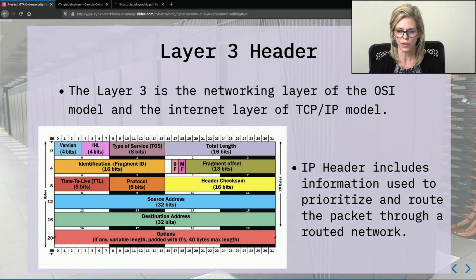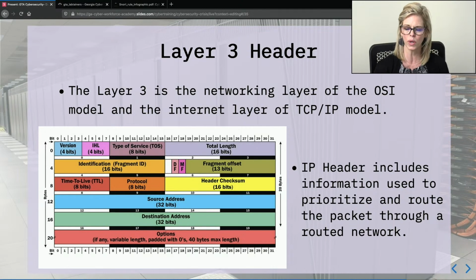Inside the layer 3 header, you may ask yourself, why is this important for me to know? This seems like way too much information. Remember, as a security analyst, your focus is to determine normal and then be able to look at IP headers, look at TCP headers, and the information and alerts being generated as part of indicators of attack or indicators of compromise, and determine what has happened.